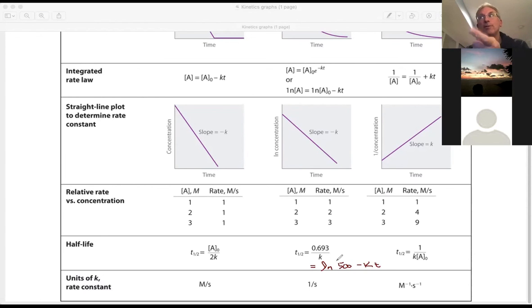So I need to get to half of 500. So I need to take the natural log of 250. Okay, so how do I get K and T by themselves?